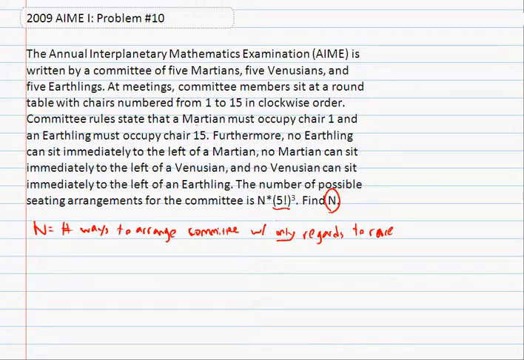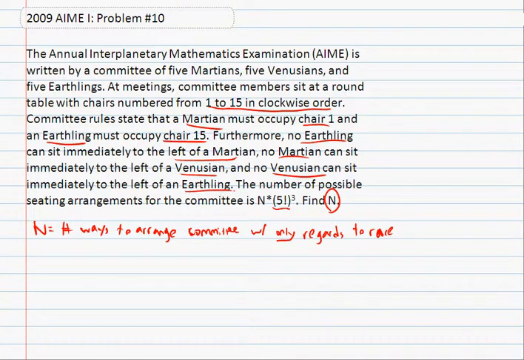Looking at the restrictions, a Martian must occupy chair 1 and an Earthling must occupy chair 15, and the chairs go from 1 to 15 in clockwise order. And we have the condition that Earthlings may not be to the left of Martians, Martians cannot be to the left of Venusians, and Venusians cannot be to the left of Earthlings.